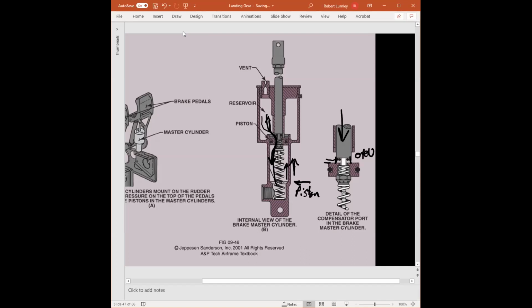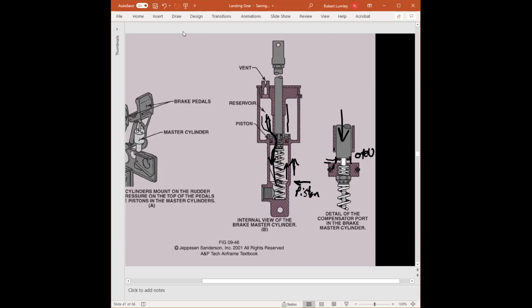As this goes up further, we will see it Monday, there's a sleeve in here that makes contact with the piston, which opens the compensator port.